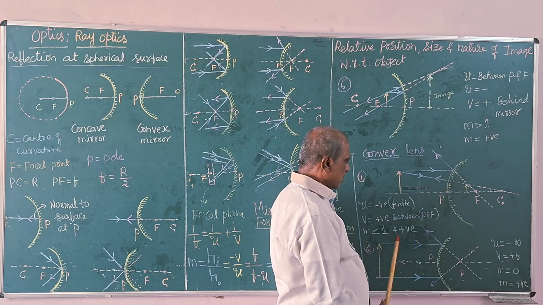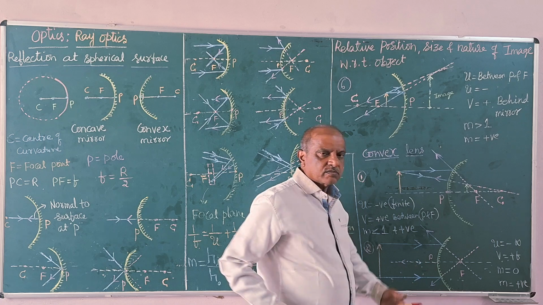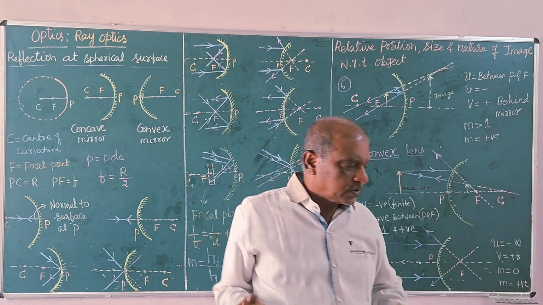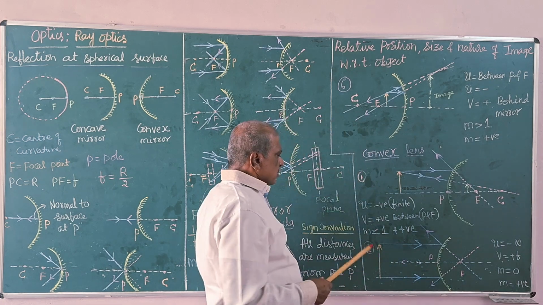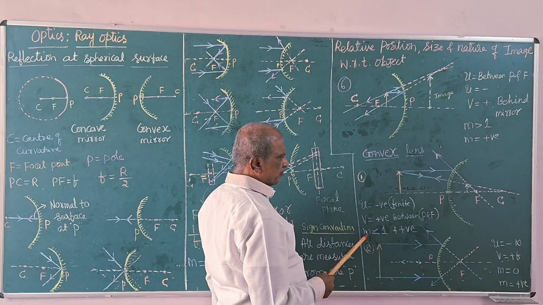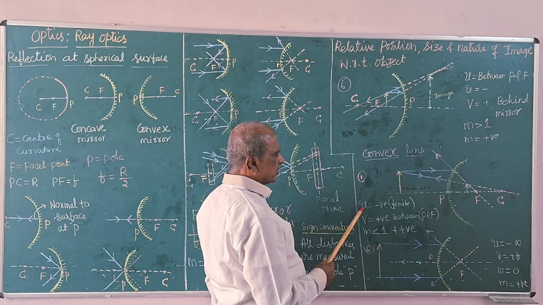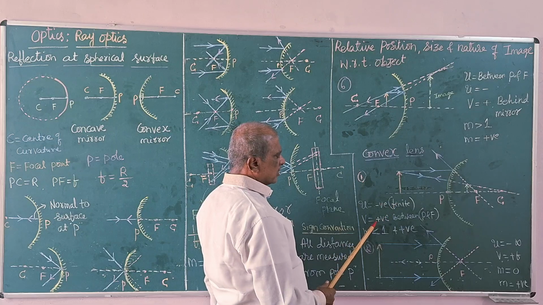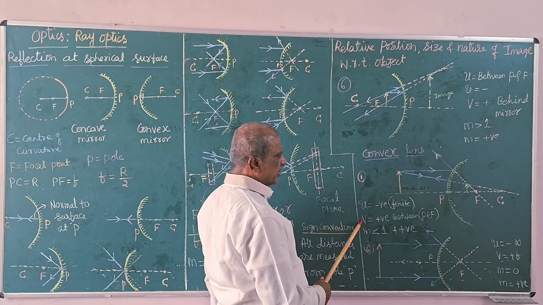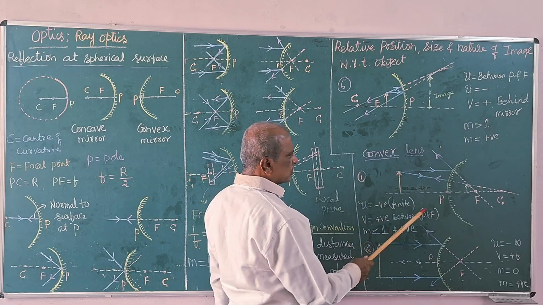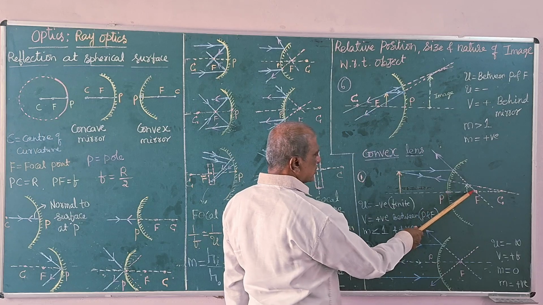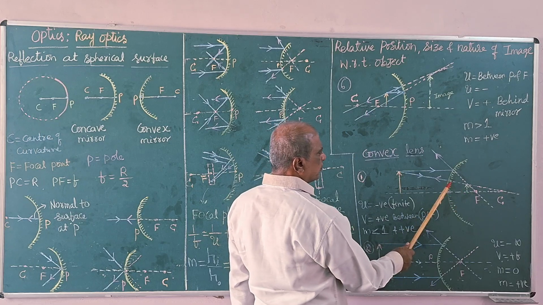M carries a positive sign. So that is the nature of M. And the distance of the object is negative, finite. The distance of the image is positive, as we are measuring in this direction, and it is always between P and F.